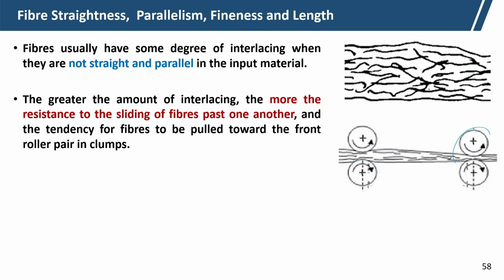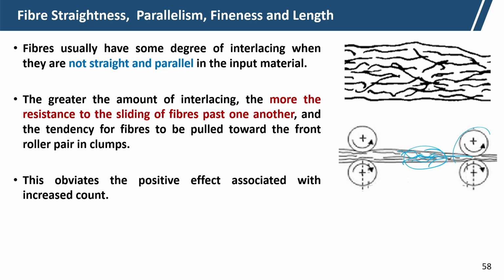So, if the fibers are not parallel, they reach the front roller nip in clump form. This obviates the positive effect associated with increasing count.